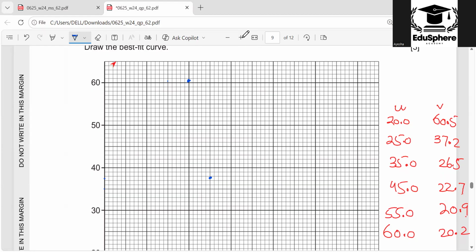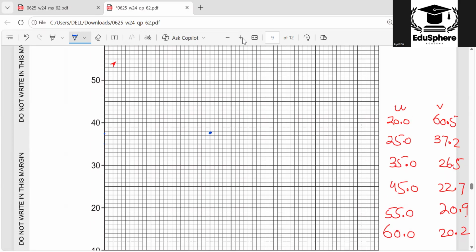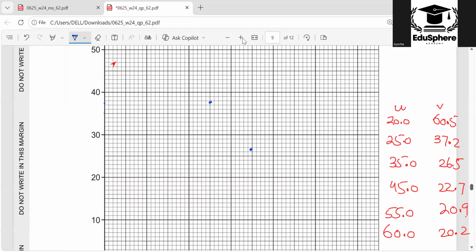So after this will be 35. And here it's 26. It's 25 and it's 26 and it's 26.5. And this will be at this point. Let me clarify that I've taken it at 35, yes, perfect, 35.